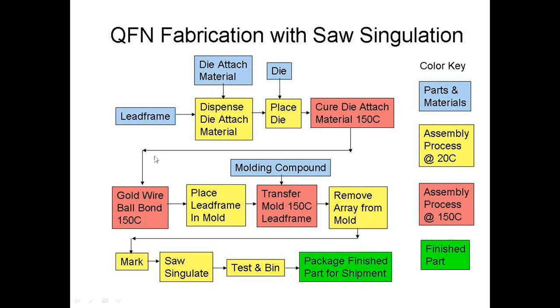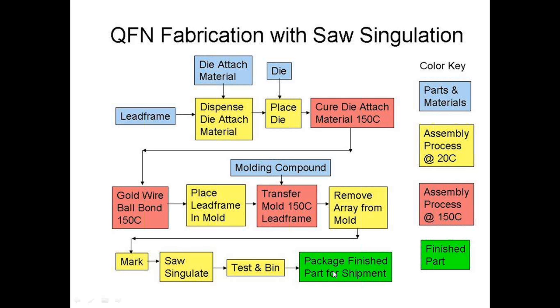Then you start doing the wire bonding, and once you've done the wire bonding, you place it in the mold, and then you are molding at this higher temperature, which is 150 degrees, and now you are done with the bonding and so on. So remove it, and now you've got one big mold, and you have to mark it, put the part number on. Now you start cutting, chopping it up into small pieces. Singulate it or punch it, depending on what kind of package it is. Test it, and there you have it done.